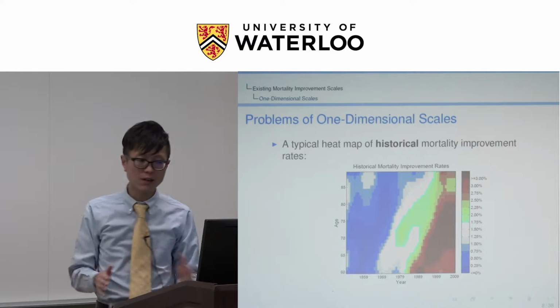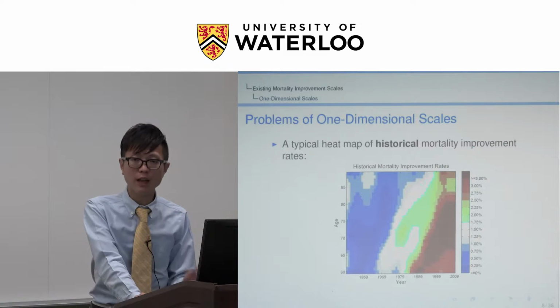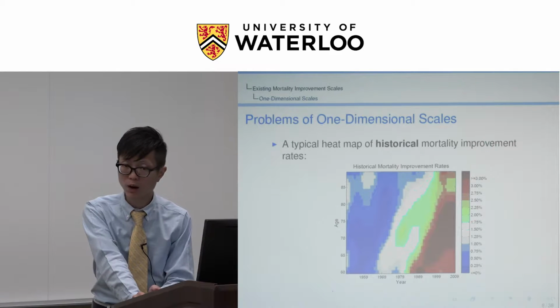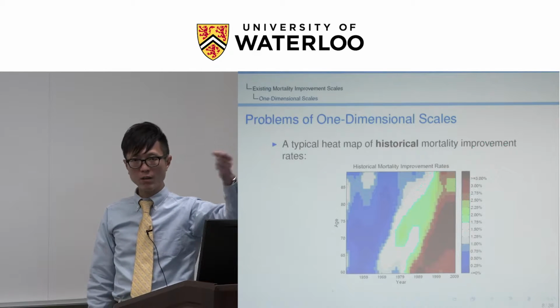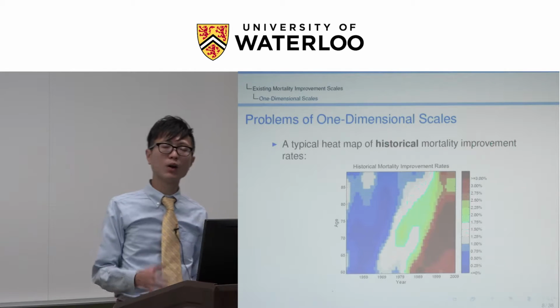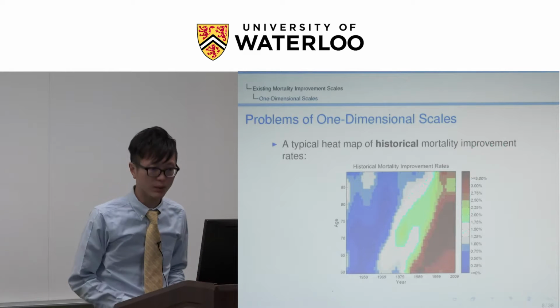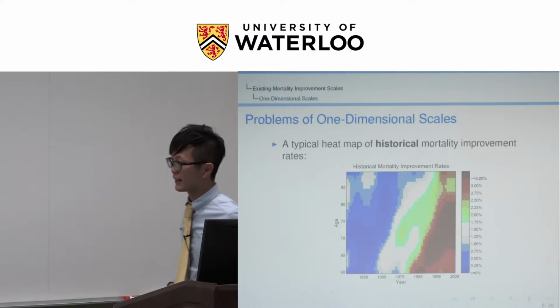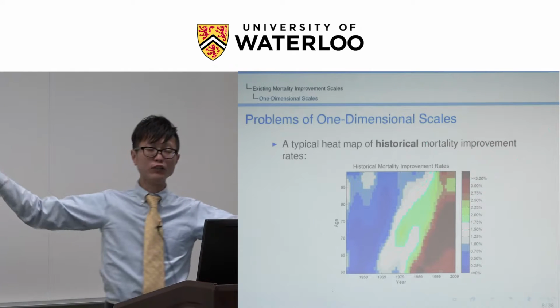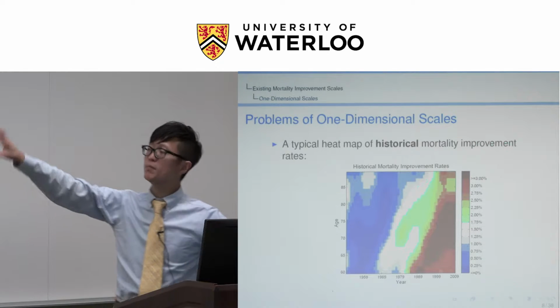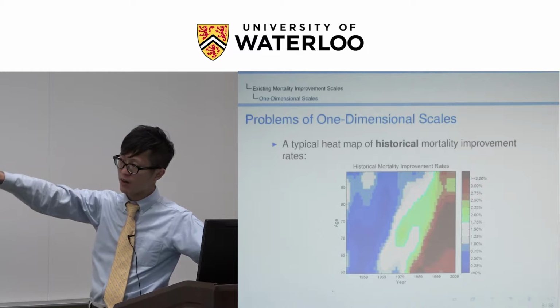And the colors in this diagram represent the level of historical mortality improvement. The warmer colors represent higher mortality improvement, and the colder colors represent the opposite. So we can see that these colors change with age, they also change with time, and we also see some diagonal patterns in this diagram.